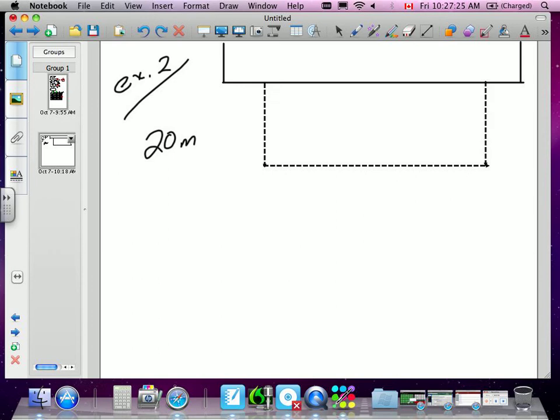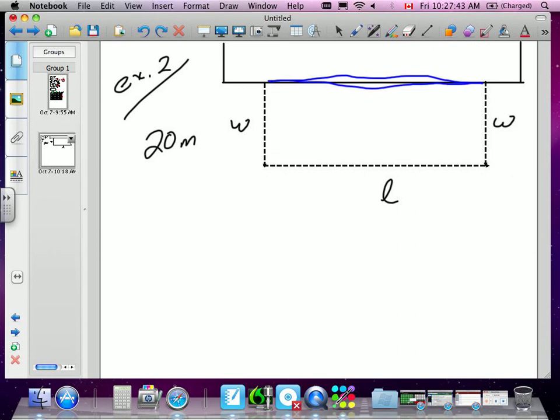So in other words, he needs to use the perimeter for 2 widths and 1 length. This part is already there. It's the barn. The sheep clearly can't go through the barn. So he's going to use that so that he can create a larger pen.